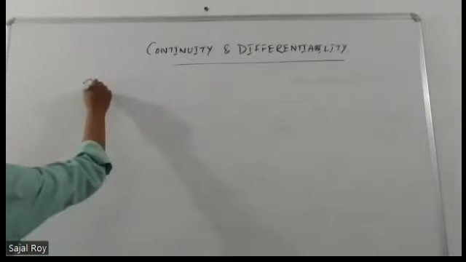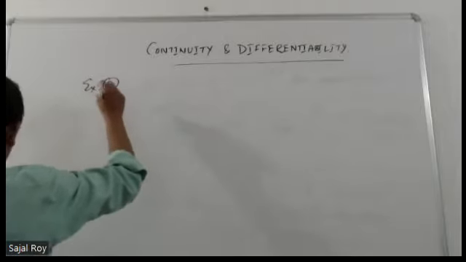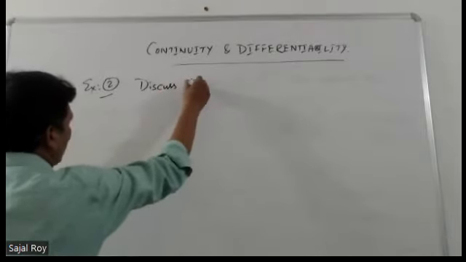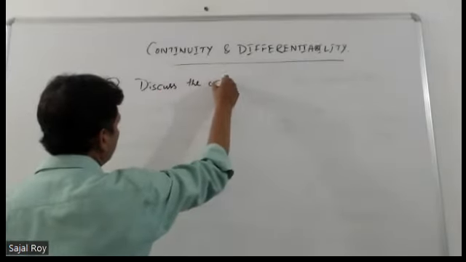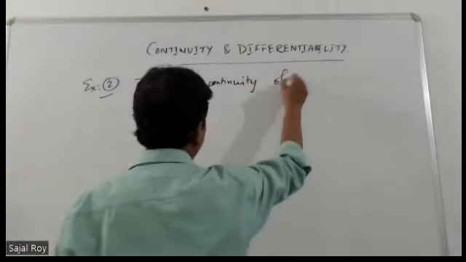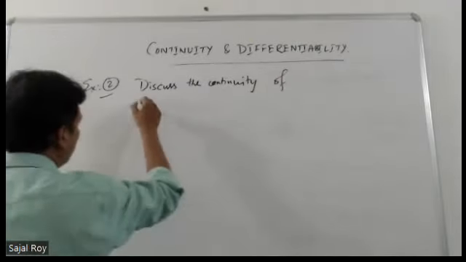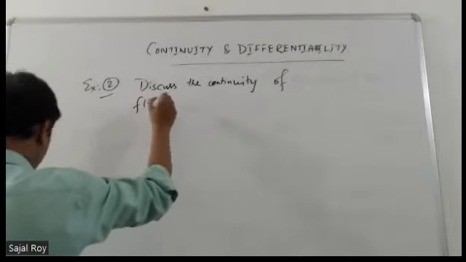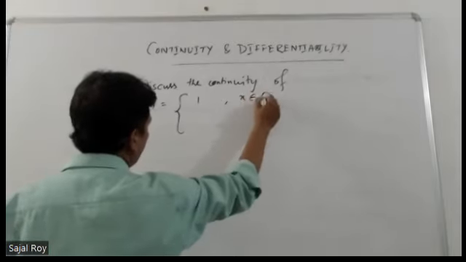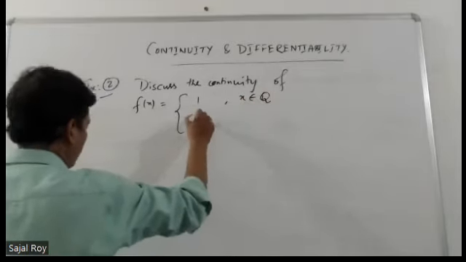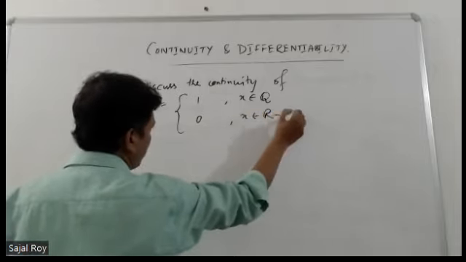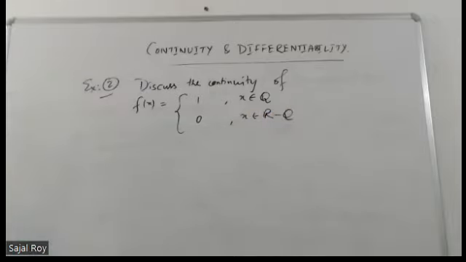Next question. Example 2. Discuss the continuity of the function f(x) equal to 1 if x belongs to rational numbers, equal to 0 if x belongs to R minus rational numbers, that is, irrational numbers.